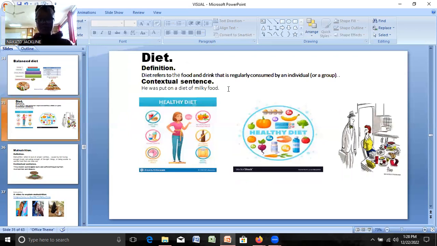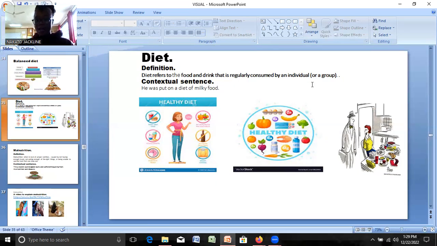So another word, we have diet. Diet refers to the food and drink that is regularly consumed by an individual. So what you eat every day. If at home you eat every now and then, you eat posho, beans, that is your diet. But scientifically, we need a healthy diet. For example, you eat posho, you add some portion of eggs, or you add some beans, you add some portion of cowpeas, greens.